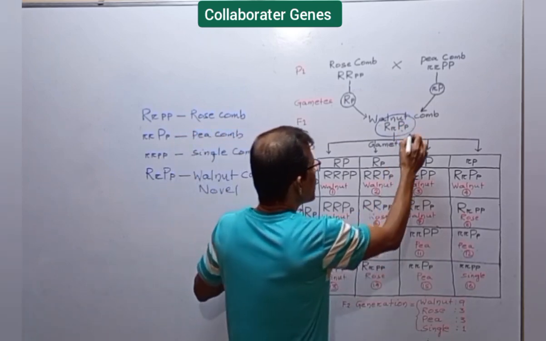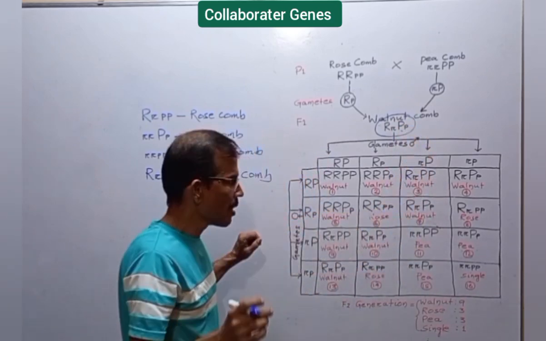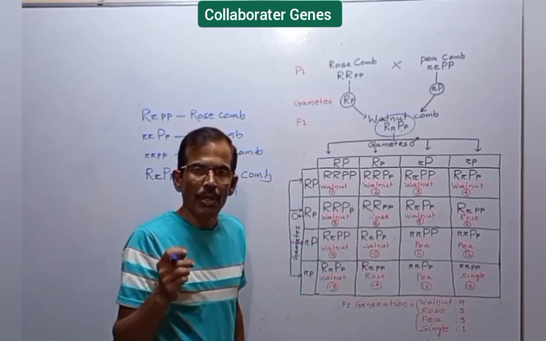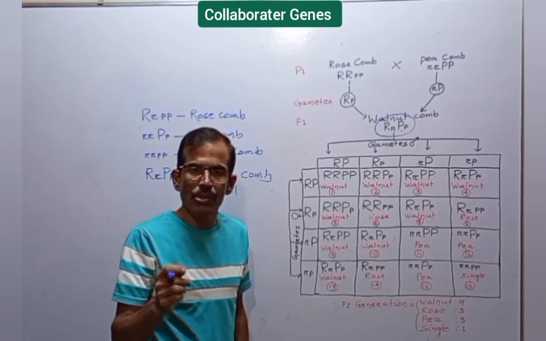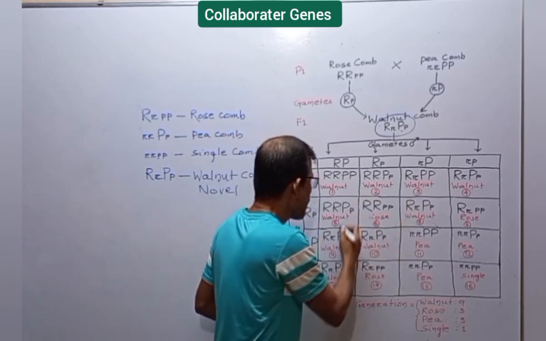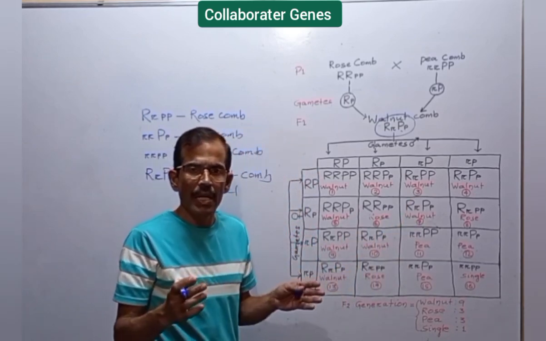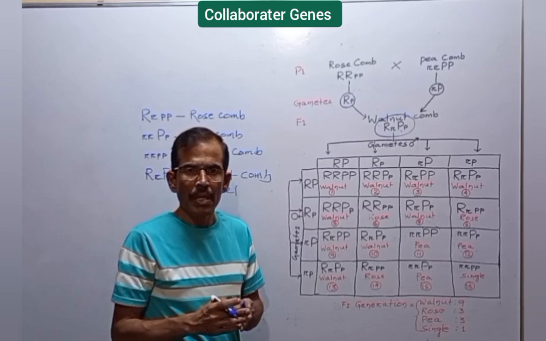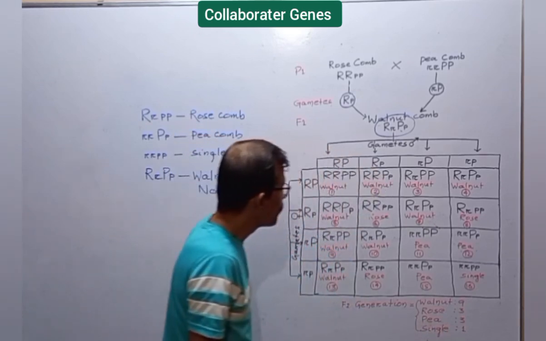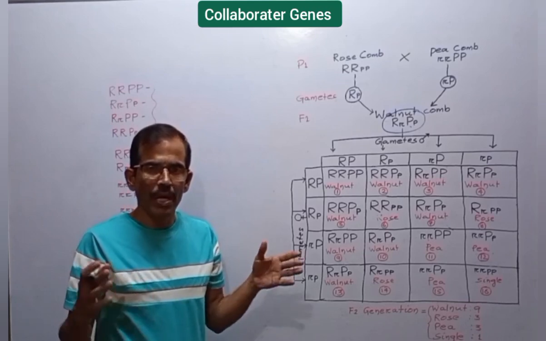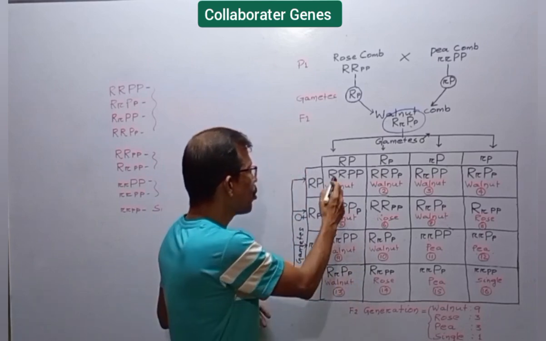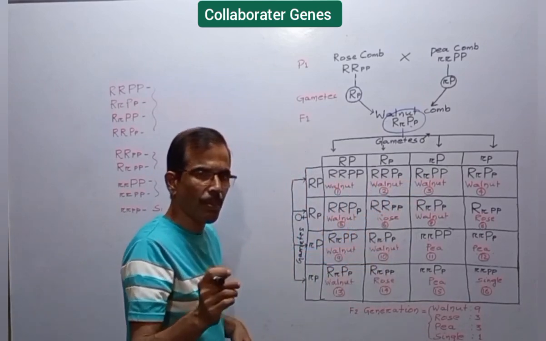When F1 chickens were intercrossed with each other, four types of progeny were obtained in the ratio 9:3:3:1. Out of 16, 9 chickens had walnut combs, 3 had rose combs, the remaining 3 had pea combs, and only 1 had a single comb. Analysis of F2 results indicates that walnut comb develops when both genes have at least one copy.